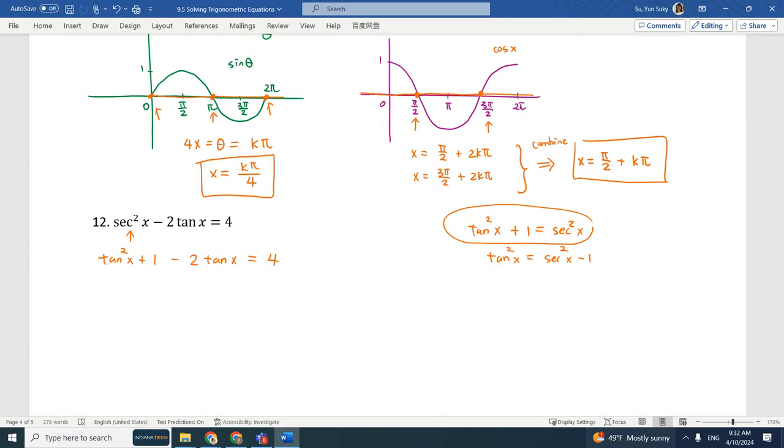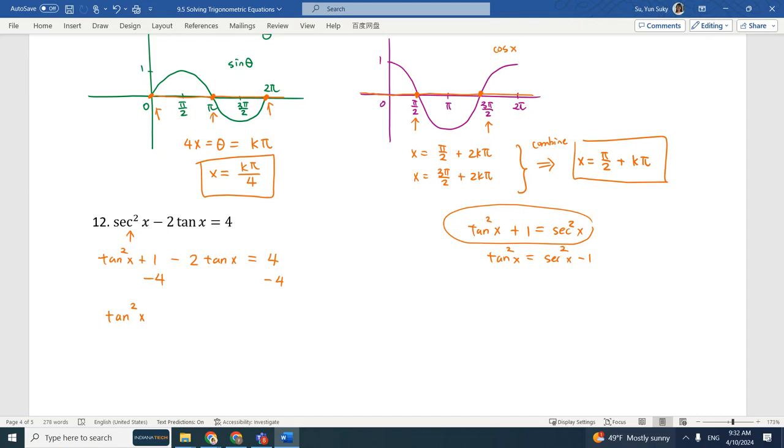Okay, good. We change all the trig functions to the same type, tangent. Now we move all the terms to the left and see if we can factor. So subtract 4, and let's reorder the terms from the highest power to the constant term.